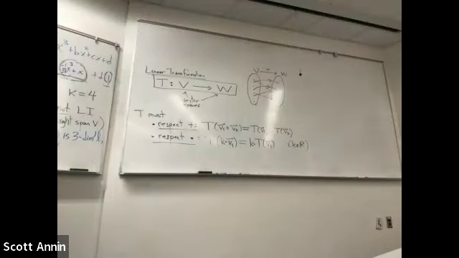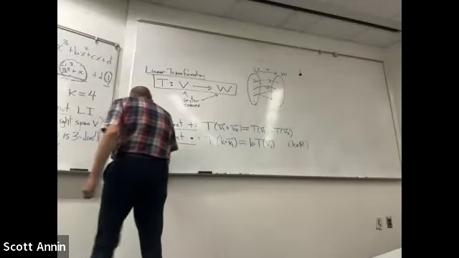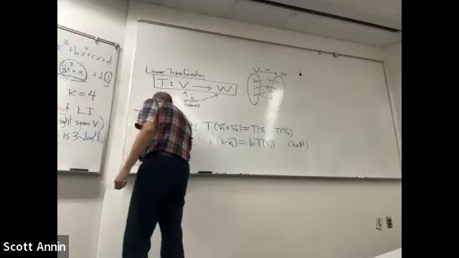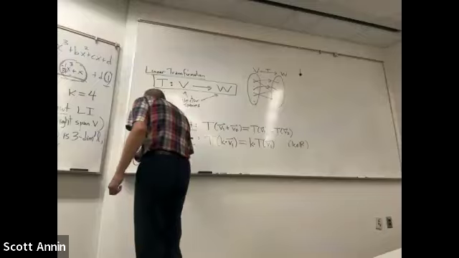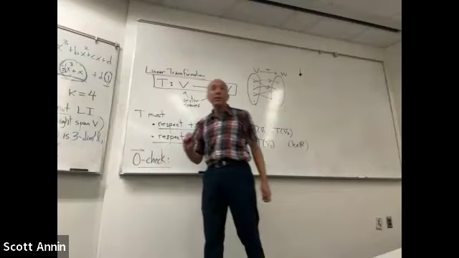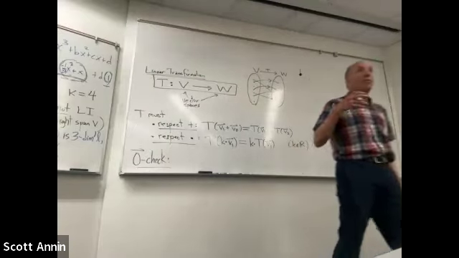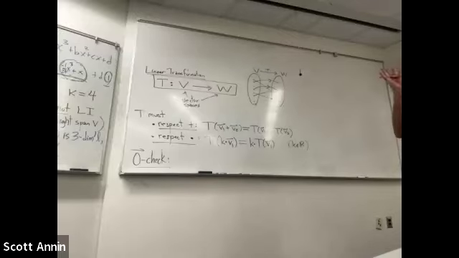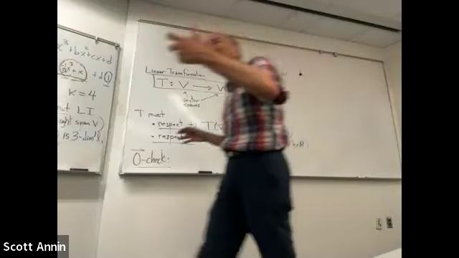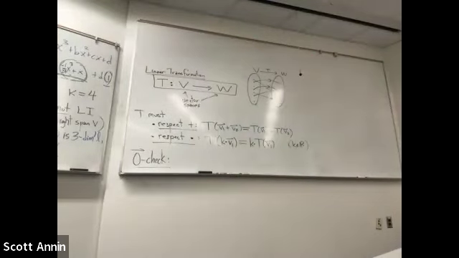As a side effect of that, there is also a zero vector check. I don't know if you remember for subspaces. If the zero vector check fails, then it's not a subspace. So if the zero vector is not in your set, then you don't have a subspace, and you can say that right away before you even take a breath.